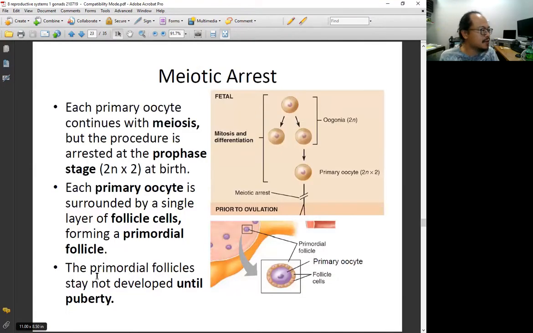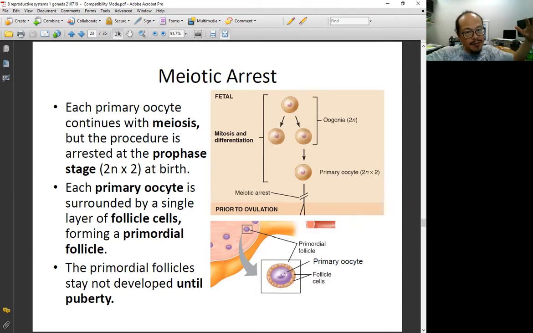So that's what I mean here. It will be arrested in the prophase of meiosis one, and it will stay like that. You can see that these oocytes already have 2 copies of the DNA, and they're surrounded by the follicle cells.